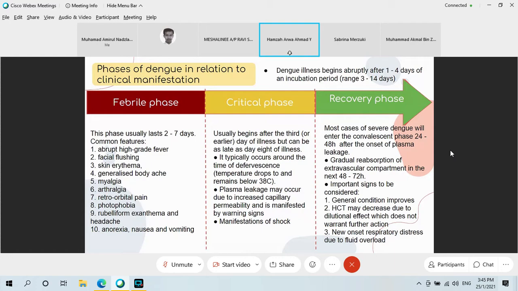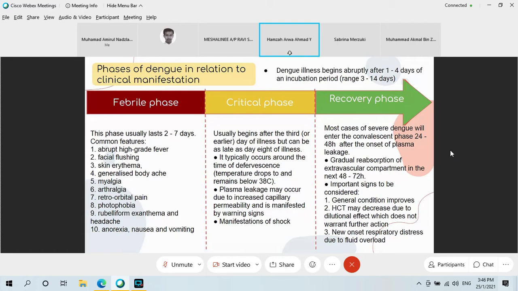The last and third phase is the recovery phase. Most cases of severe dengue will enter the convalescent phase from 24 to 48 hours after the onset of plasma leakage, and there's going to be a gradual reabsorption from the extravascular compartment over the next 48 to 72 hours.